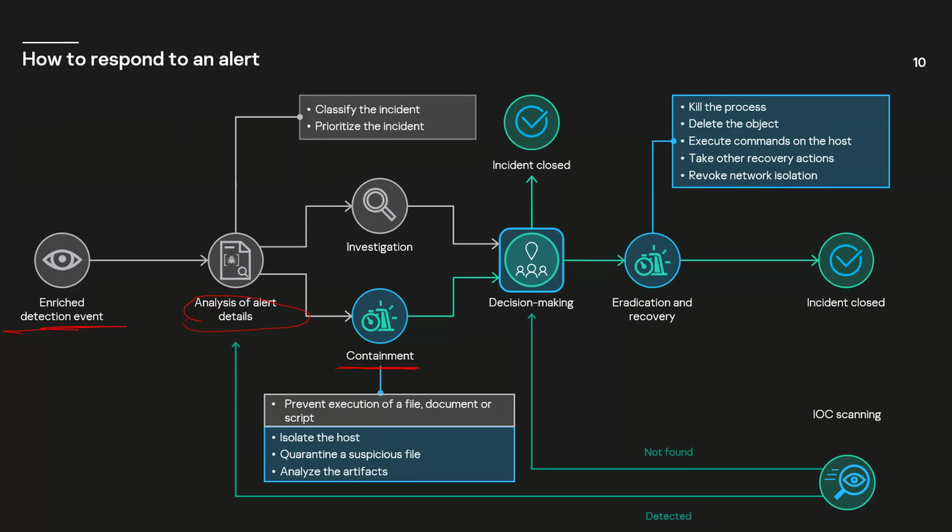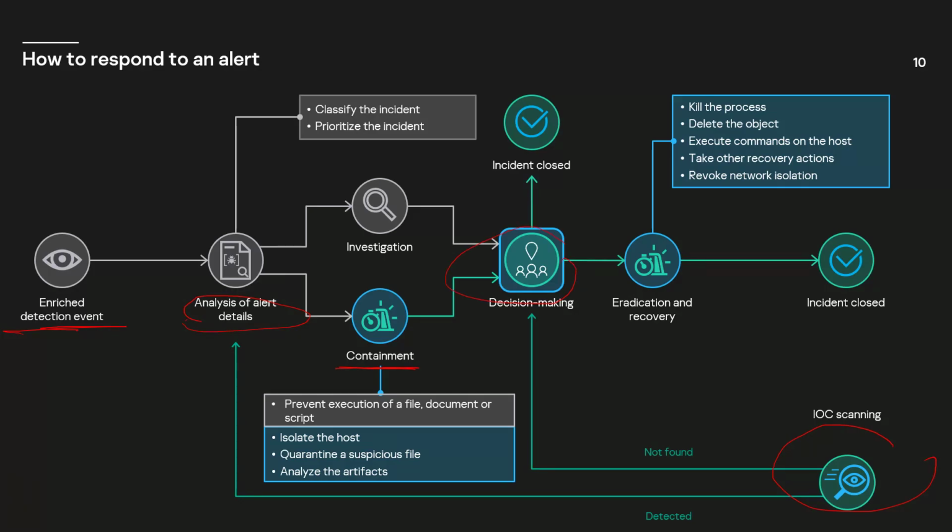After that, we can investigate whether this threat was spread across the network or not. We can use IOC scanning and check other computers on the network to see if indicators of compromise exist on any of the hosts. After that, if nothing was found, we can make a decision.